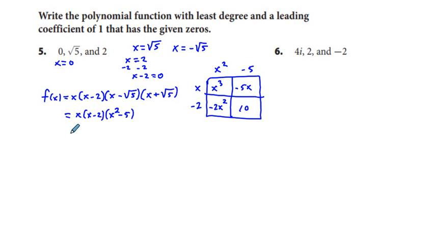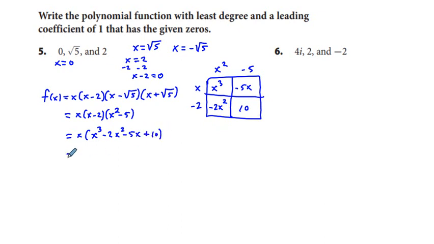So we're going to take x times x cubed minus 2x squared minus 5x plus 10.